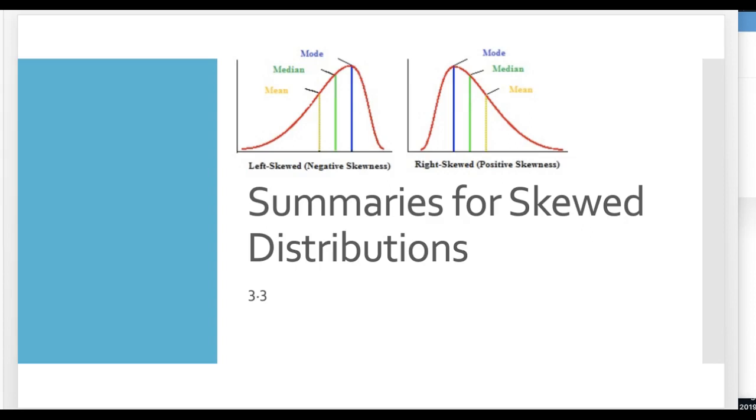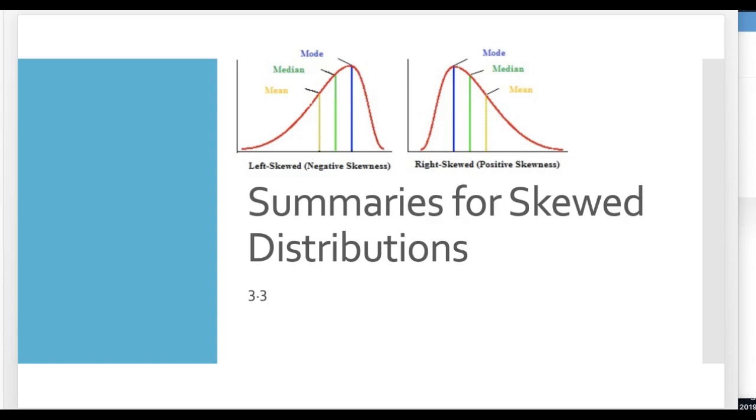Welcome back. We're going to continue our journey into chapter 3 into these numeric summaries. And so in your book, we're in 3.3 here. What we're going to move into is to say that different distributions require different numeric summaries.